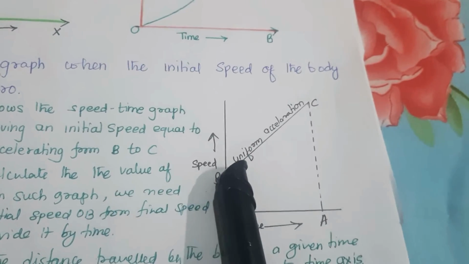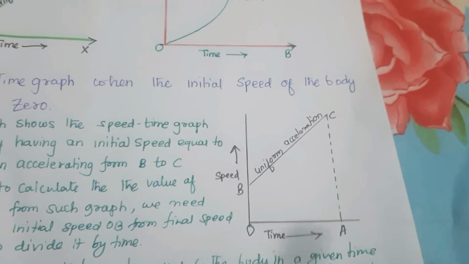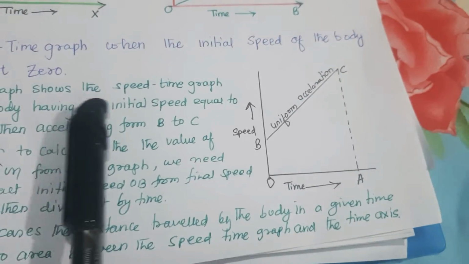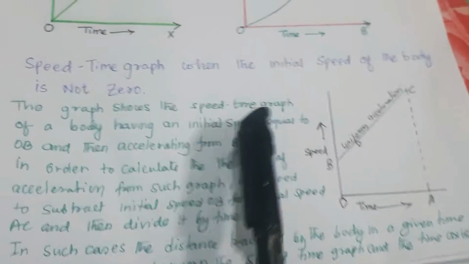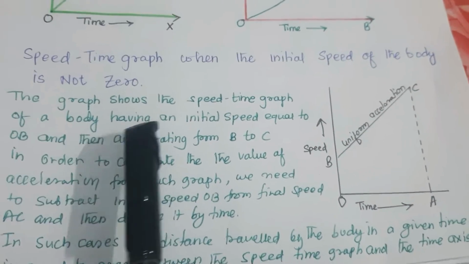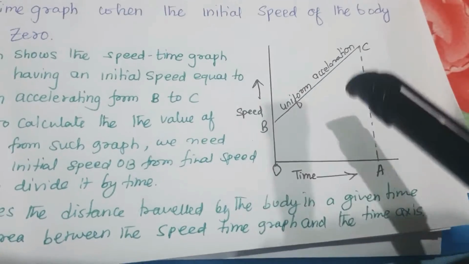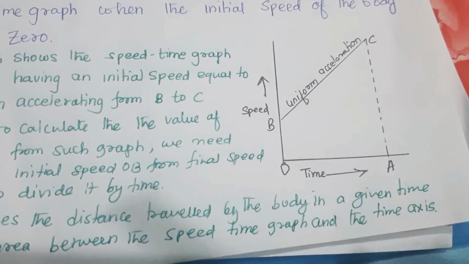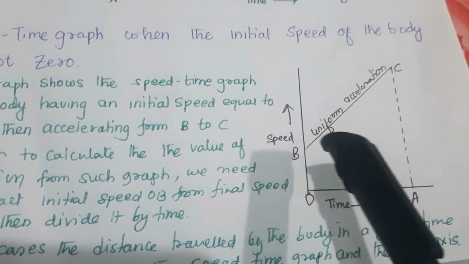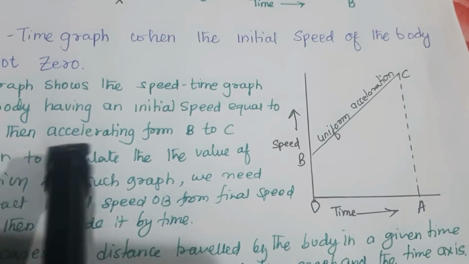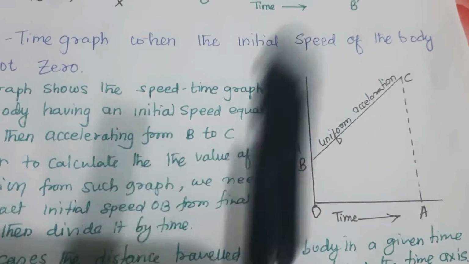Exactly, it starts from B. So the graph shows the speed-time graph of a body having an initial speed equal to OB. So here we will take OB as the initial speed, and accelerating from B to C.